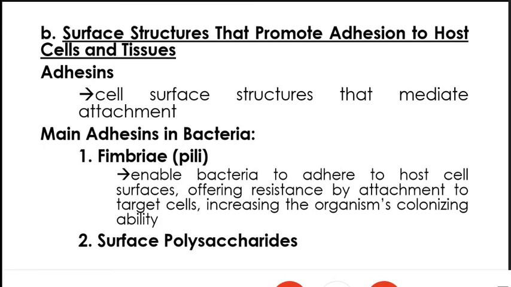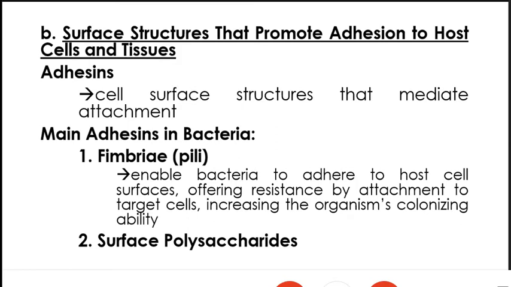Yung adhesins, ma'am, generally speaking po, sila yung nasa surface ng cells that, as it says there, nagme-mediate po ng attachment. So it is necessary po yung adhesins natin para sa pagkapit nung bacterial cell or viral cell, ng pathogen, dun sa mismong host.